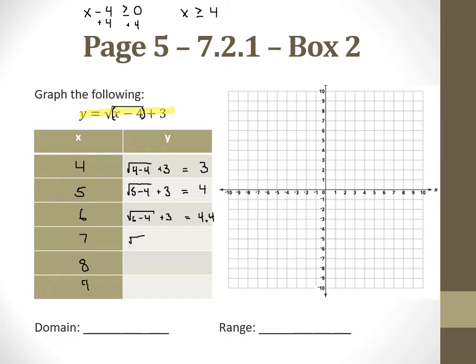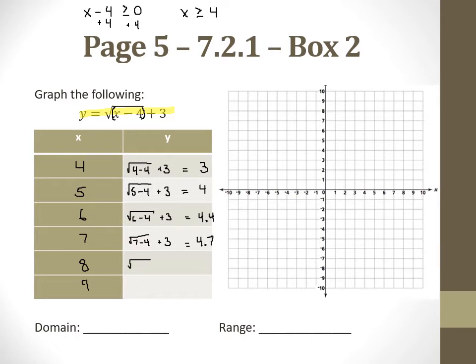Then we would do the square root of 7 minus 4 plus 3. 7 minus 4 is 3. Root 3 is 1.73. And then add 3 to that, we get 4.7 approximately.